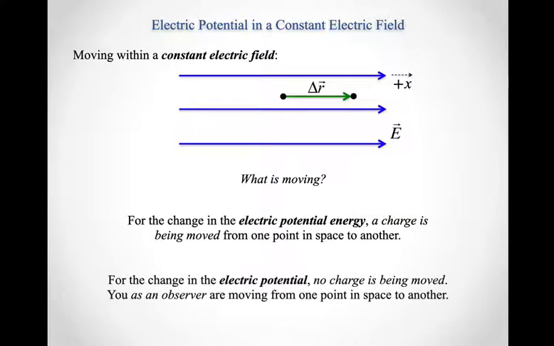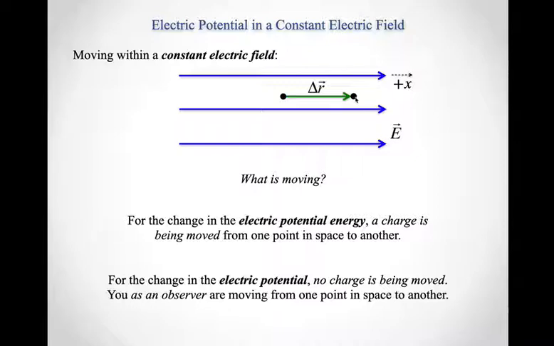But when we talk about the electric potential, we're not moving a charge. We, as the observer, are moving from one point in space to another. So this is one of, again, the subtle things that we need to become comfortable with, in the same way that we talked about with the electric field, unlike the electric force, it was just talking about a point in space.